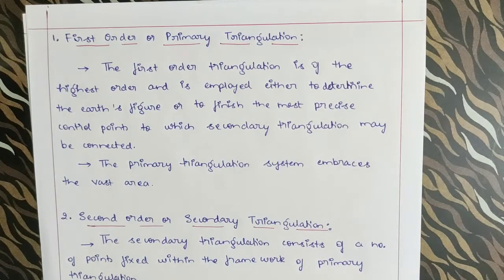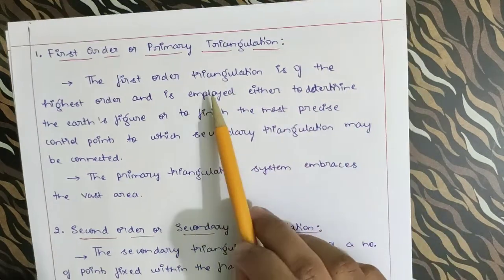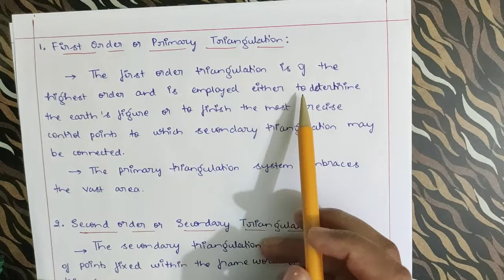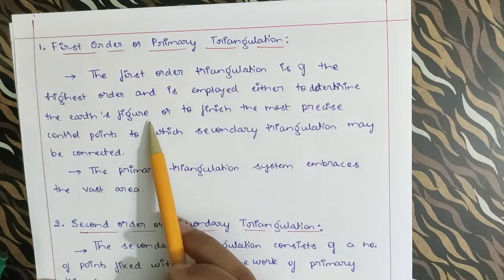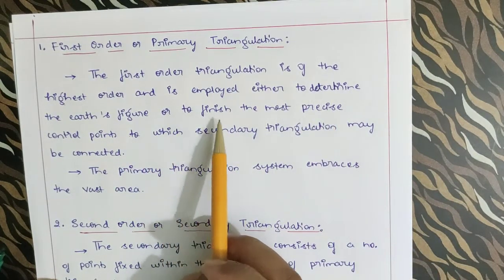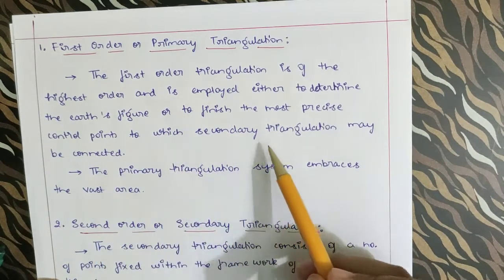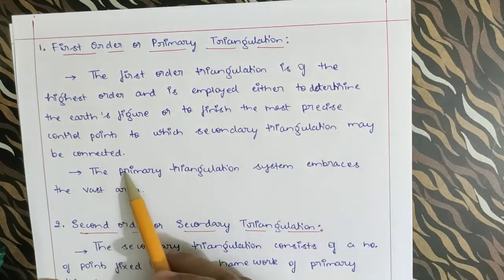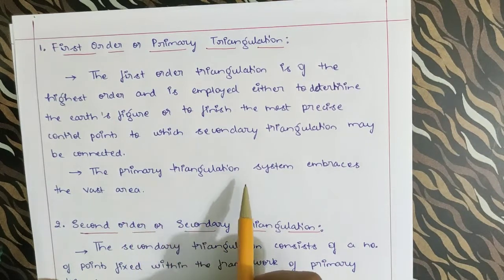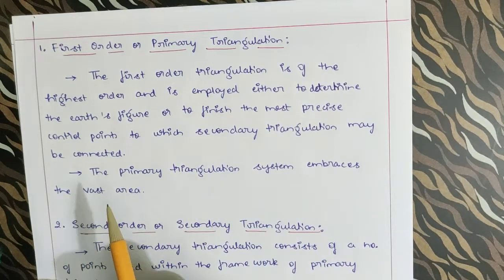The first order triangulation is of highest order and is employed either to determine the Earth's figure, or to furnish the most precise control points to which secondary triangulation may be connected. The primary triangulation system embraces a vast area.